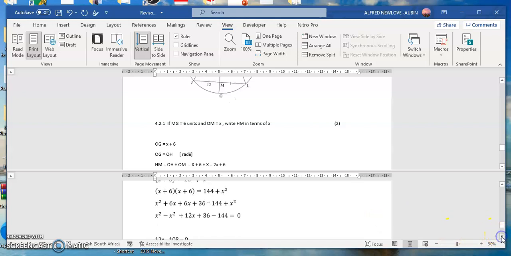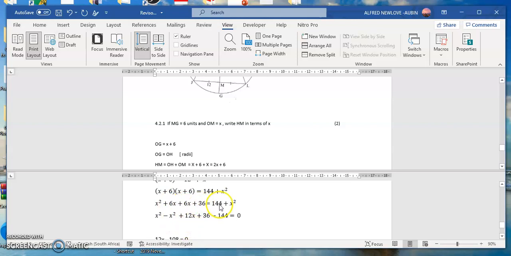Then if I transpose this 6x to this side, it's going to be minus, and it's going to give us minus x squared. Then 6 plus 6 is going to give us 12x.